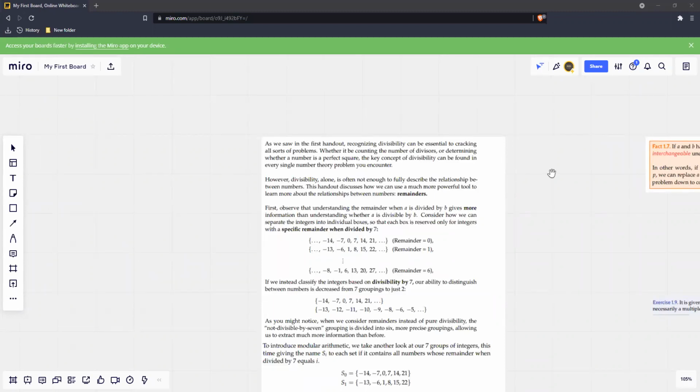As we saw in the first handout on our first week, recognizing divisibility, basically if a number is divisible by another, like how 4 is divisible by 2, is essential to cracking many number theory problems, and you'll use it all over the place.